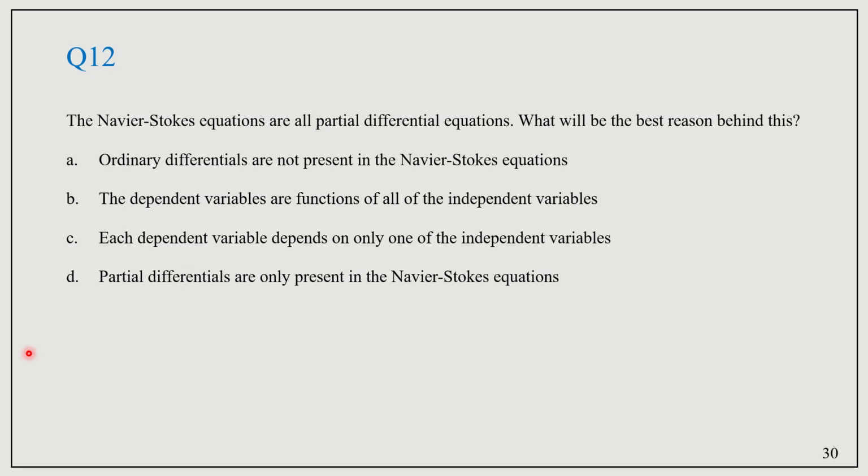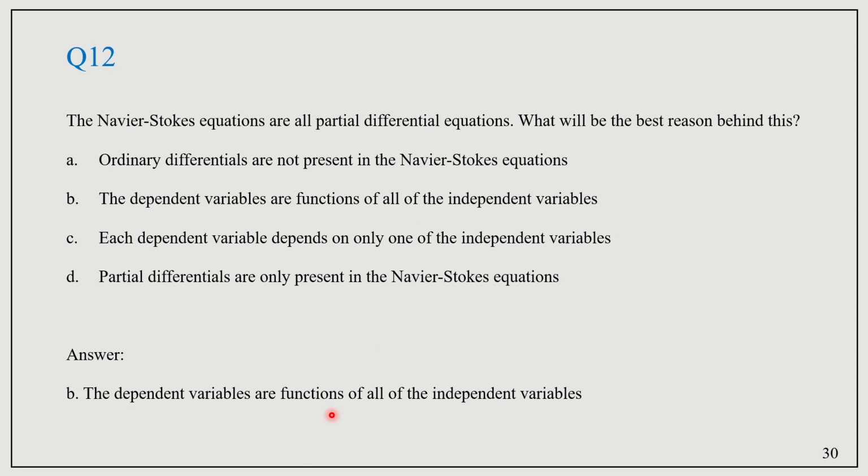So that is why we call it a partial differential equation. The equation considers how velocity changes with respect to both time and positions in three-dimensional space. So derivatives are taken with all the variables, that is x, y, z and time. So option B is the right answer. Dependent variables are functions of all of the independent variables.